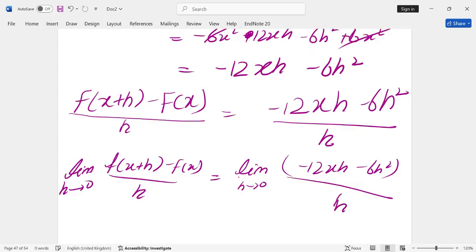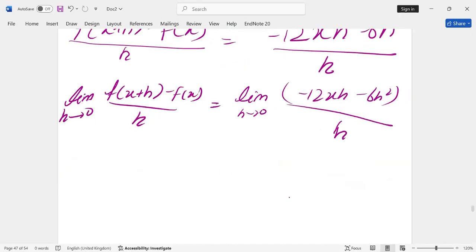If you can see that, if I take h common from this term, limit h approaches to 0, I can write it like that: minus 12x minus 6h, okay?